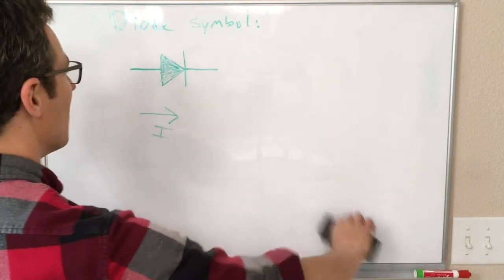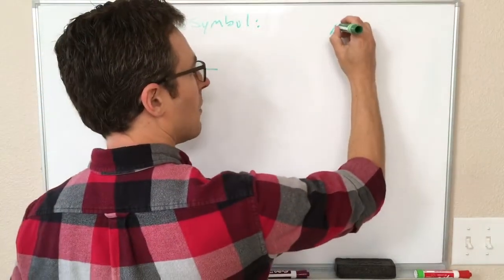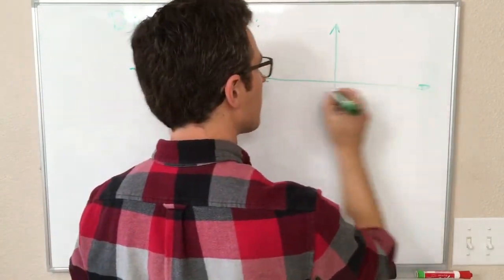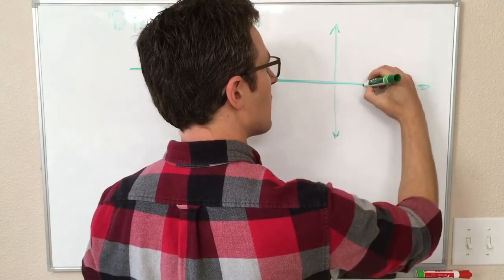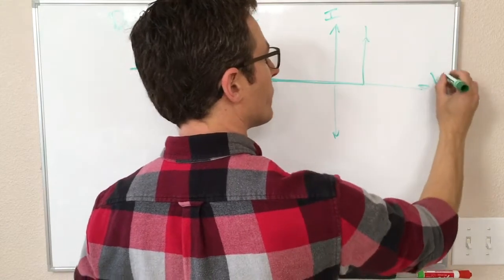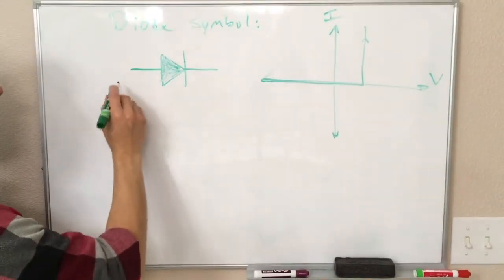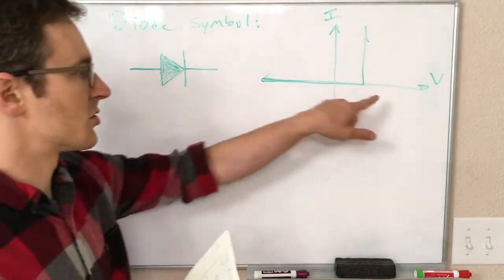Okay, so let's go to our diode model graph. So our diode model looks something like this. We need to figure out which direction here is which direction in voltage, right?